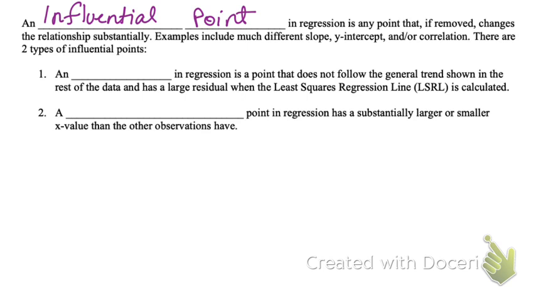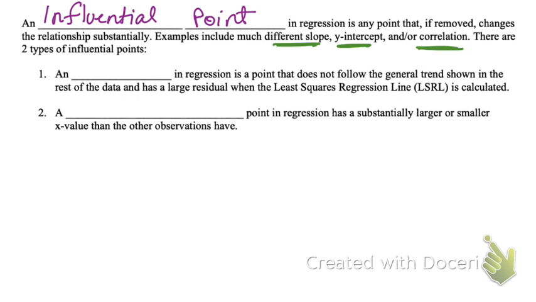Examples include maybe it gives a much different slope. Maybe if I remove a point and it all of a sudden moves the slope of the line considerably, that would obviously be an influential point. If it changes the y-intercept considerably, that's going to be influential. Or it changes the correlation considerably, that's going to be influential.